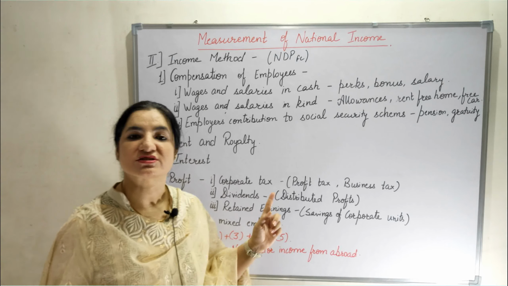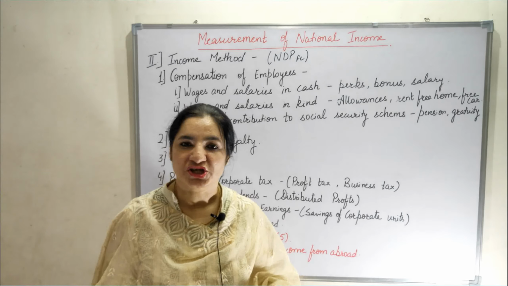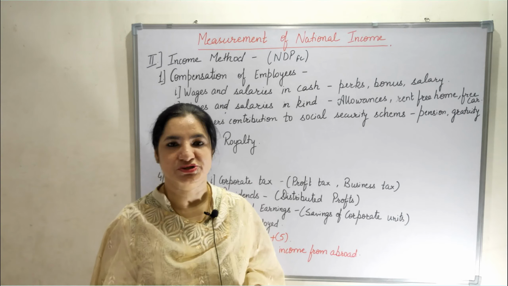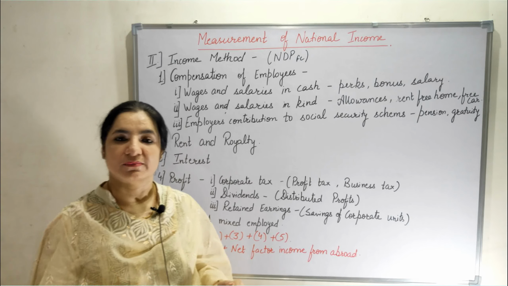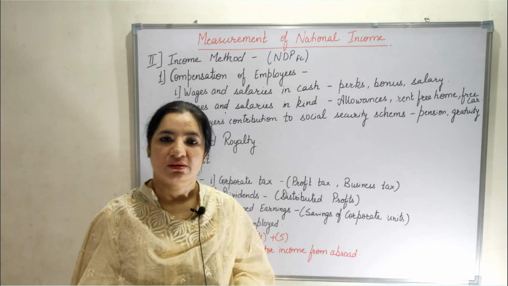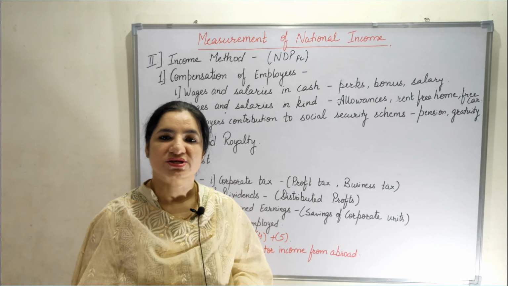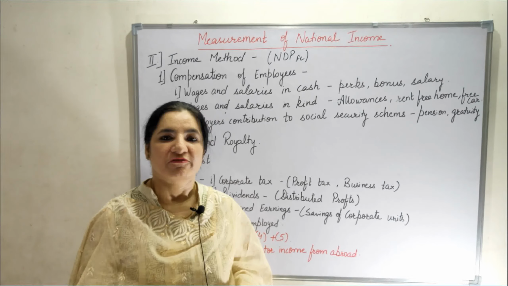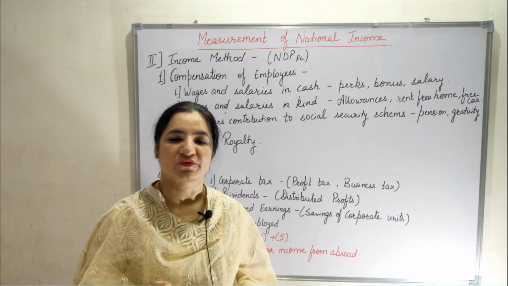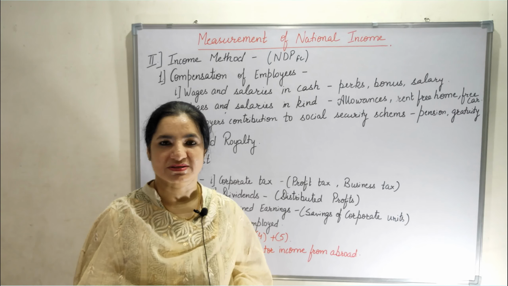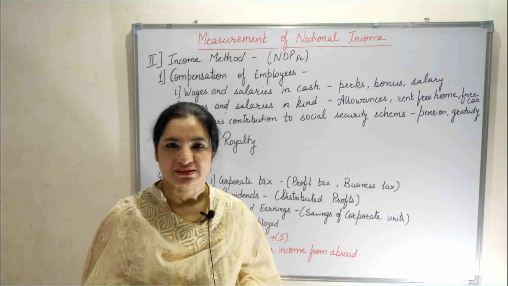Dividends is the profit which is distributed among the shareholders of the organization. Third is retained earnings, the income or profit of the firms. When dividends are distributed, a part of that profit is retained in the business for future prospects.